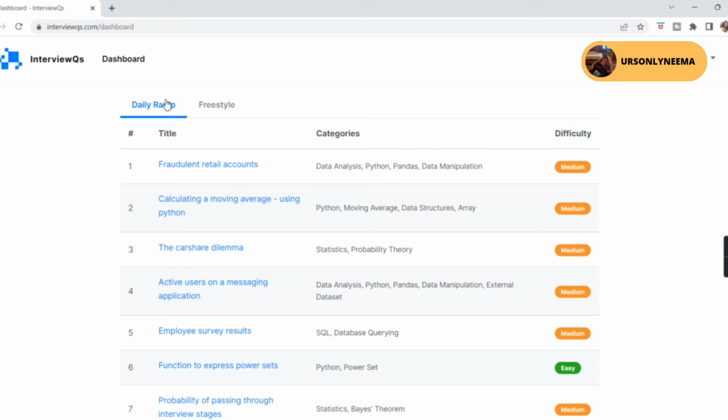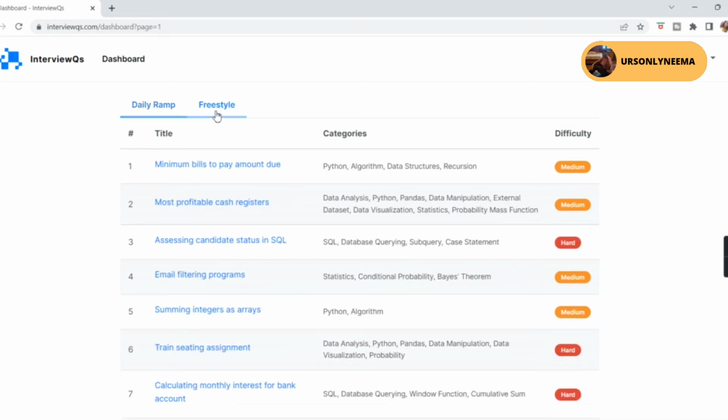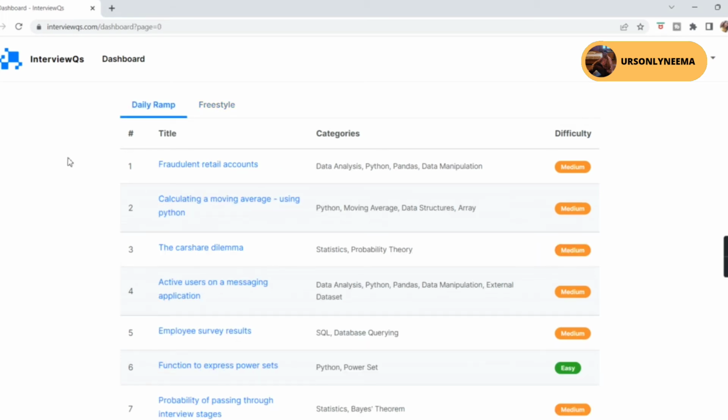So here you can see the daily ramp is available, and at the same time freestyle is basically the same questions but in a different order. Daily ramp is a daily-basis thing you receive through emails, which is projected in this dashboard. So here you can see there are a lot of questions in terms of title, category, what the question involves, and the difficulty.